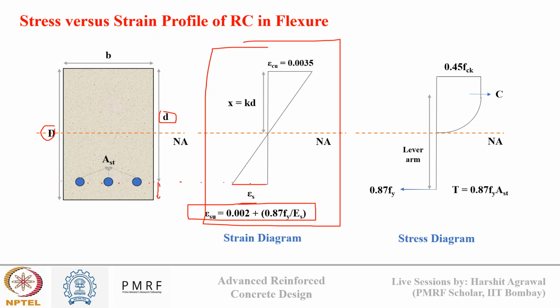Now, in the stress diagram, we have the compression zone, the stress block above the neutral axis, and we have the tensile force resisted by the reinforcement below the neutral axis, assuming that there is zero contribution from concrete in the tension zone. That's why below the neutral axis you don't see any stress block for concrete. It is just the force that is resisted by the steel reinforcement.